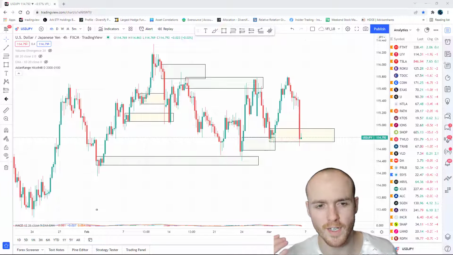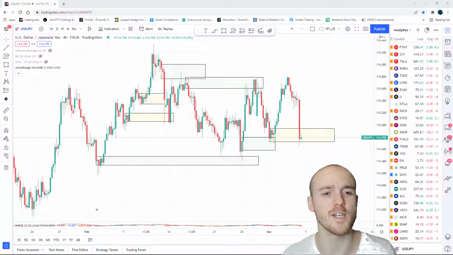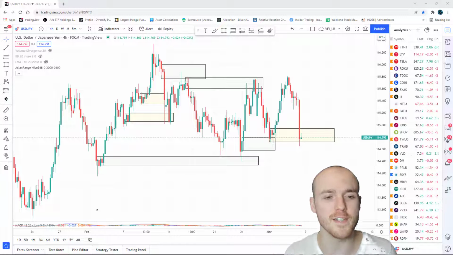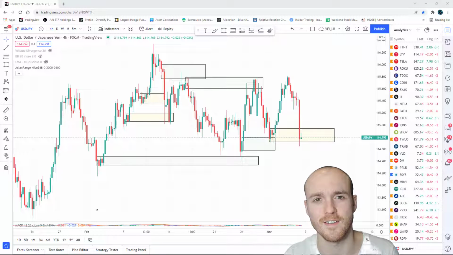So before I give you my explanation as to why some of these work and some do not, I'd actually like you to pause the video and see if you can spot the difference between the order blocks that worked and the ones that did not. Ready?